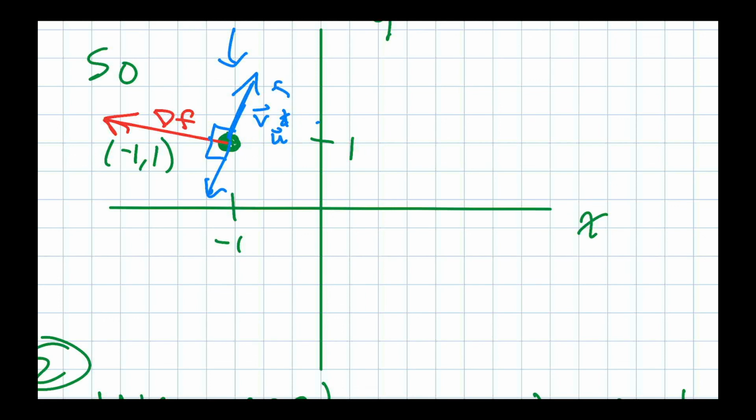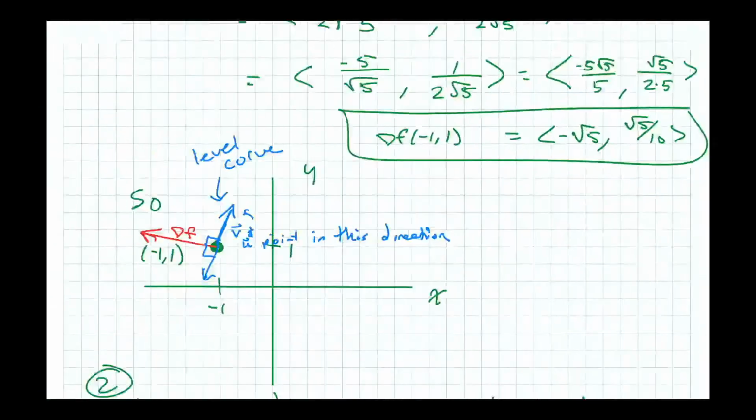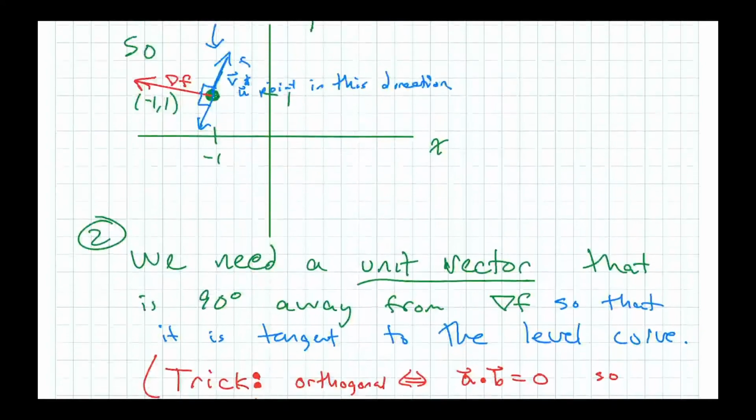V and U actually point in that direction. Okay. And technically, this would be the opposite direction. But if the level curve goes in one direction, it also goes in the other direction from that point. Okay, so that was how to do that.